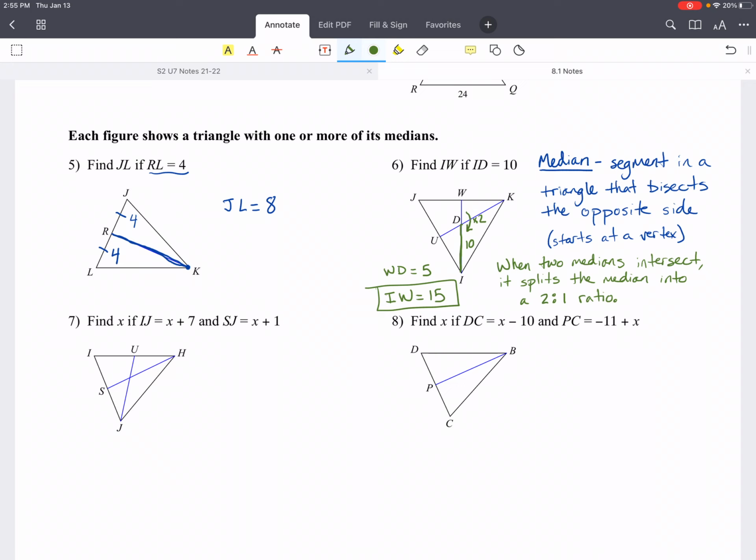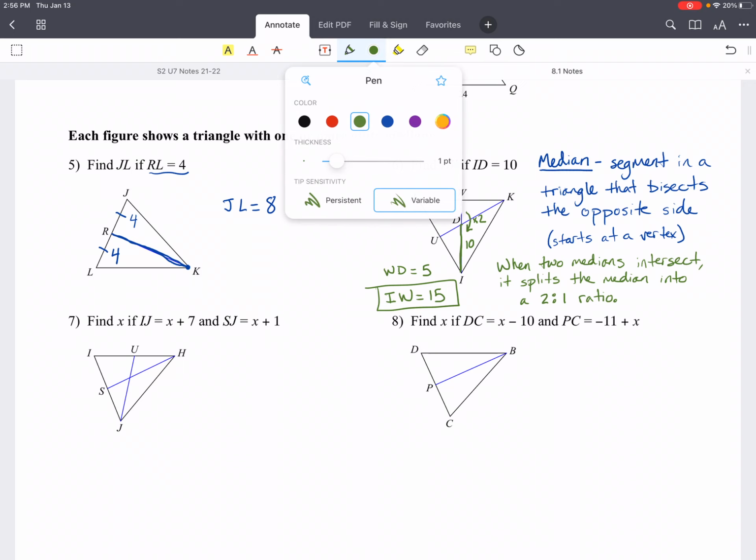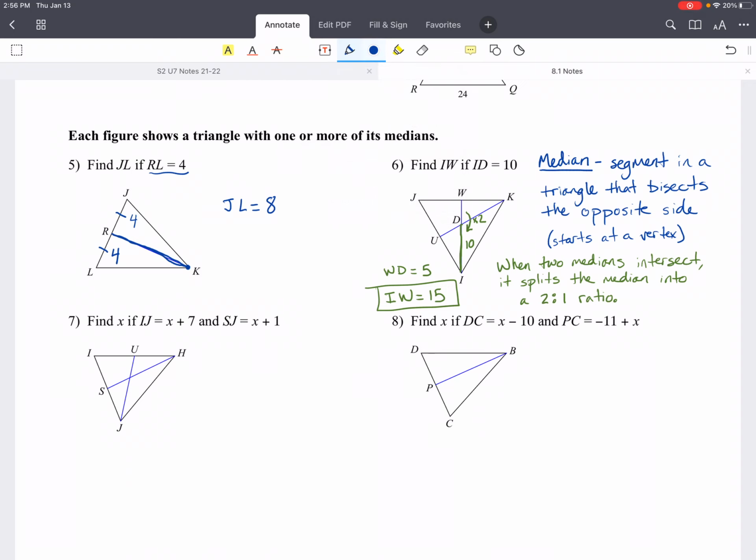So if I was to use that information for number 7 and 8, here we'll start at number 8. Find X if DC, so this whole piece here is X minus 10, and PC is negative 11 plus X. If this is bisected, what do I have to do to PC to get it to be DC?